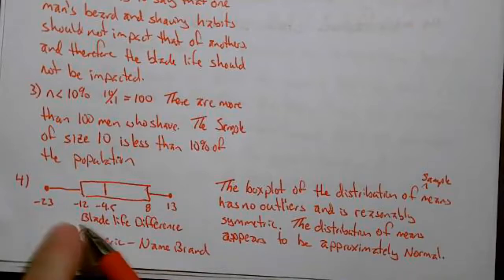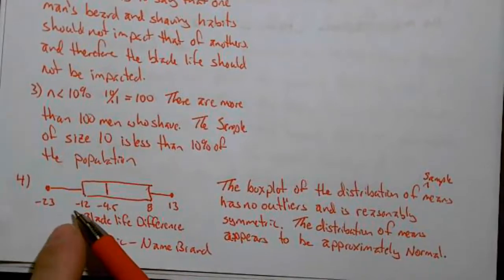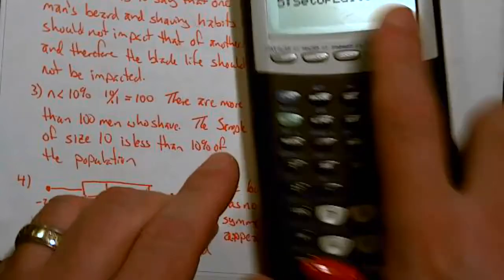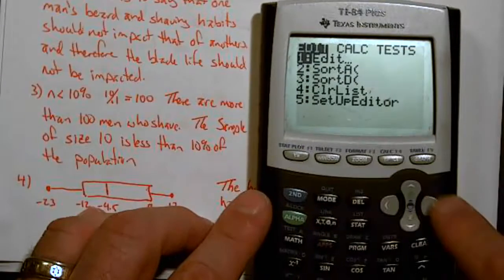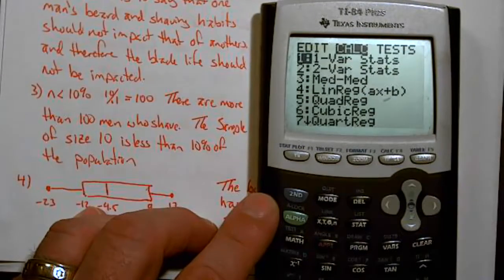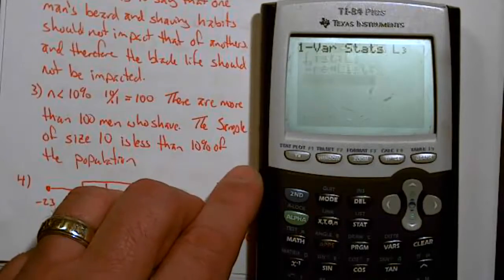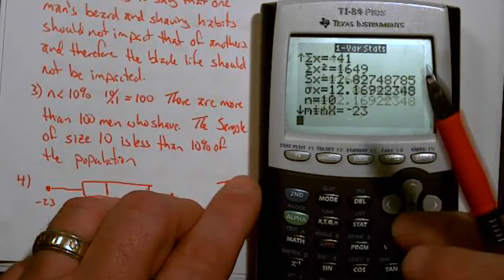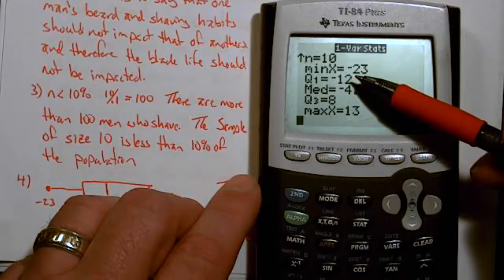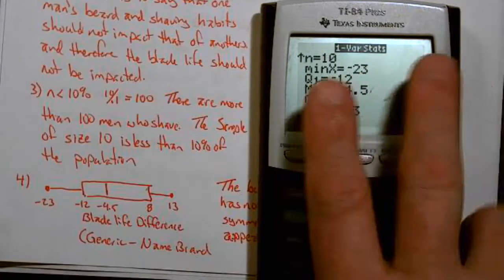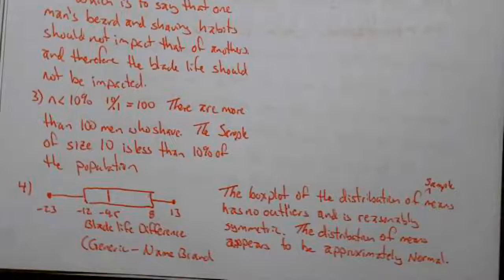All right, you can either use a scale or you can label your box plot. Also remember, you can get that same information by going to stat calc, 1 variable statistics, second L3, scroll down, and here's my 5-number summary. Please don't forget that that's called the 5-number summary. All right, so that takes care of our conditions.